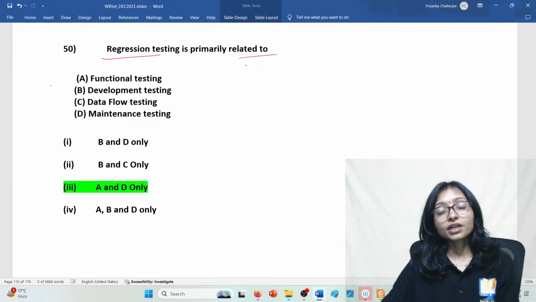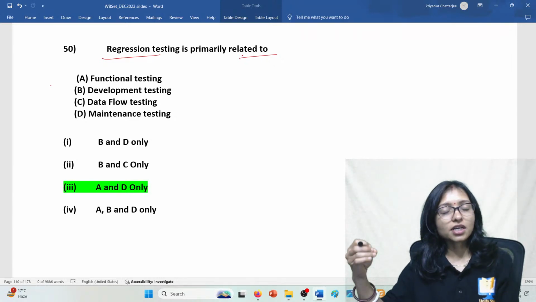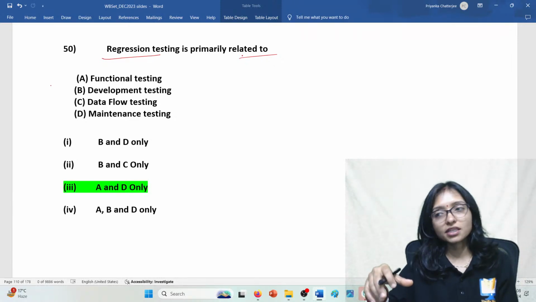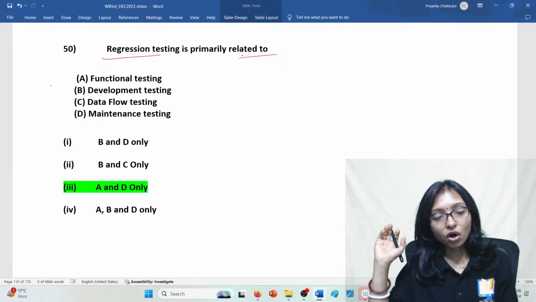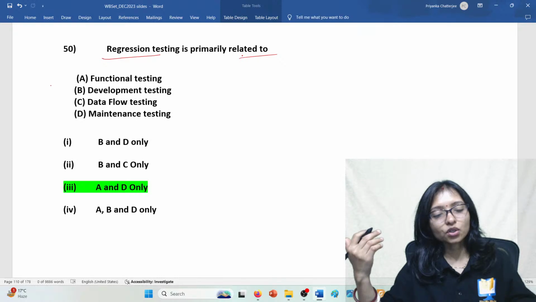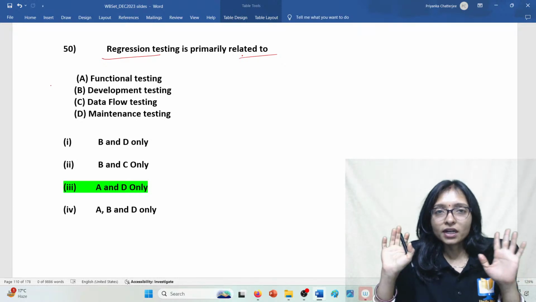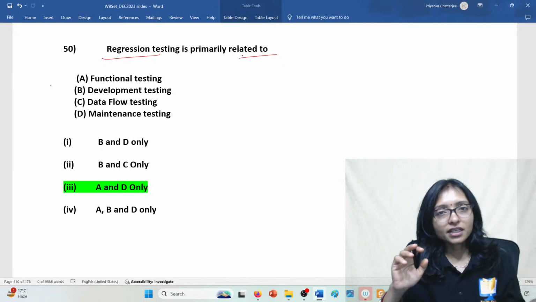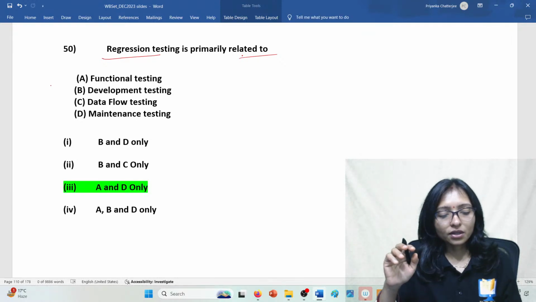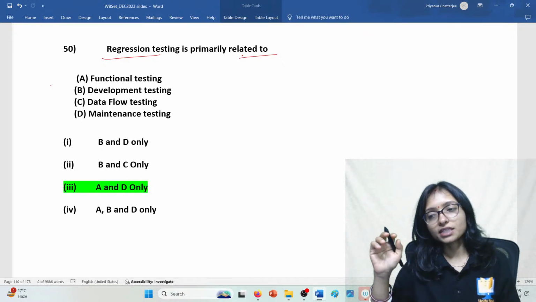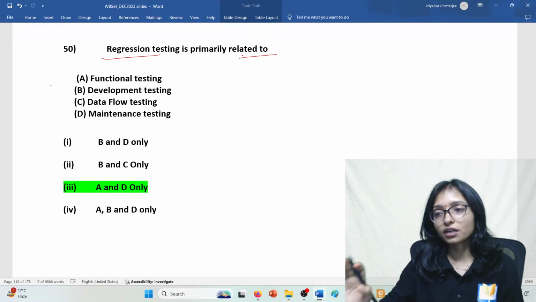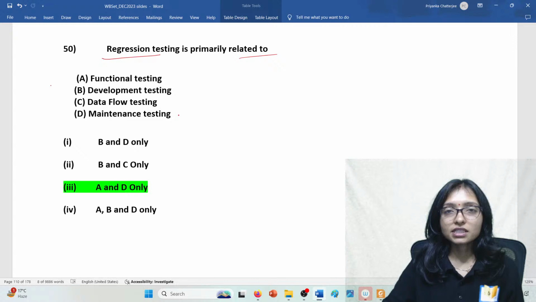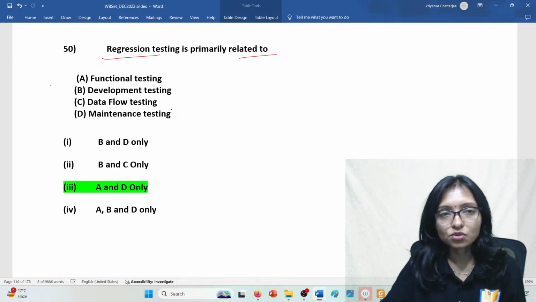Regression testing means you did some changes, some updation. After that you are checking that the total software is working fine or not. Maybe till yesterday it was working fine, today you have updated something, and after that again you are checking that the whole system is working fine or not. Whatever changes you did, is it affecting any previous one or not.